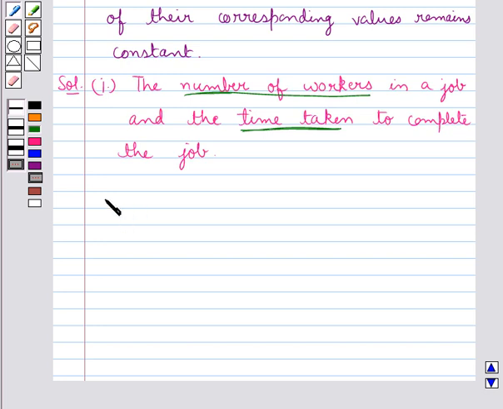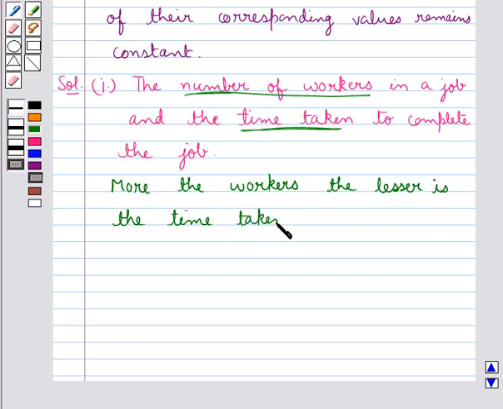So we say more the workers, the lesser is the time taken. Hence you see in this case one quantity increases and the other decreases. So according to the key idea we say that it is in inverse proportion.